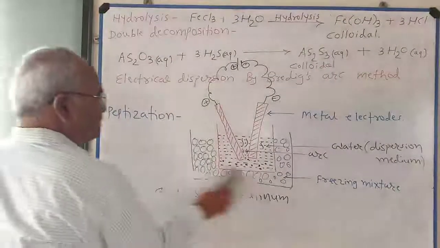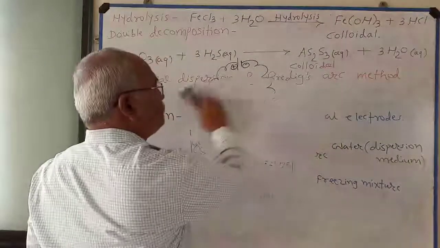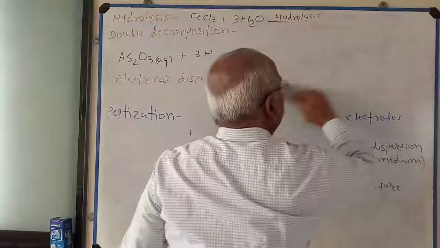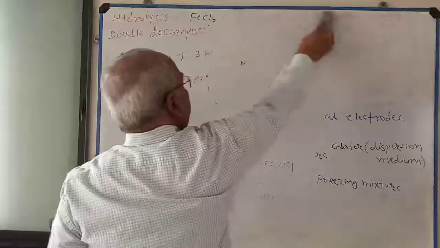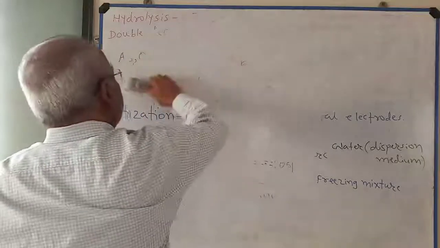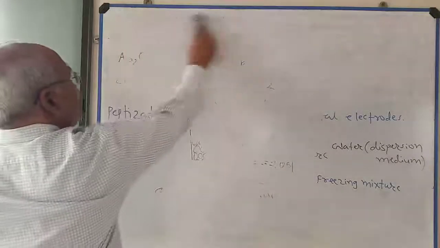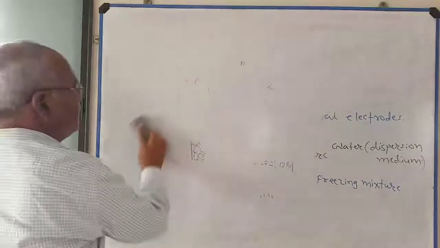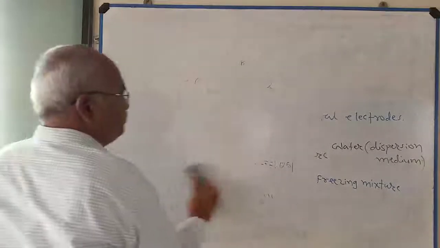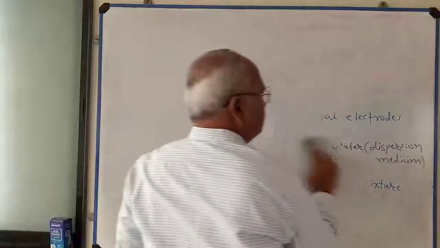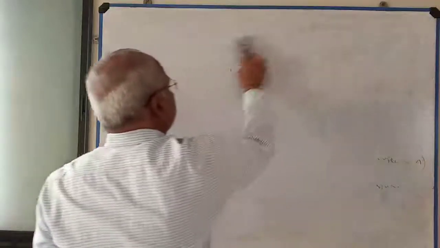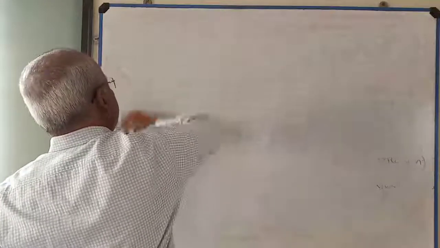After these methods, I am going to explain the next point, that is purification of colloids. The impurities present in colloid are removed by the process of purification. There are three methods of purification of colloids.